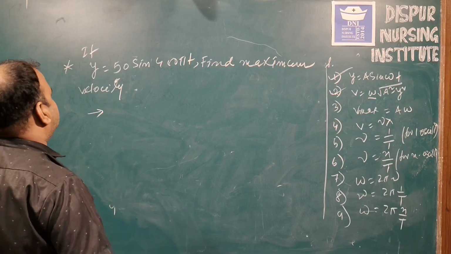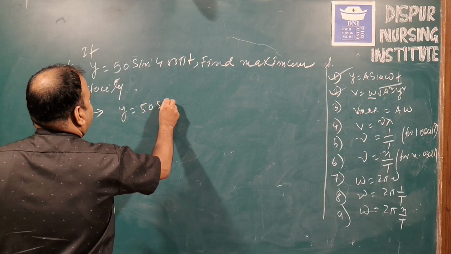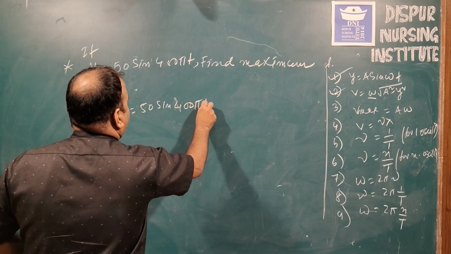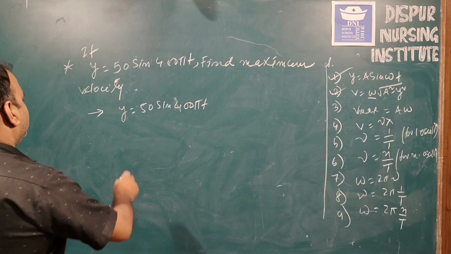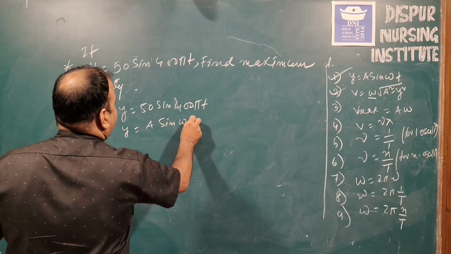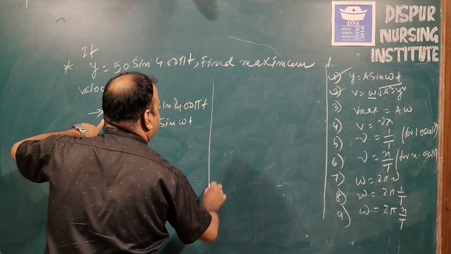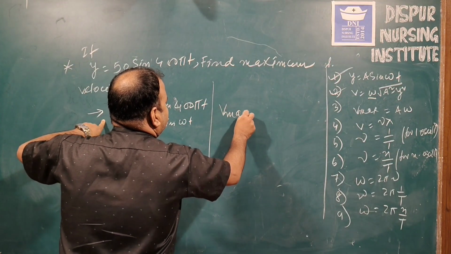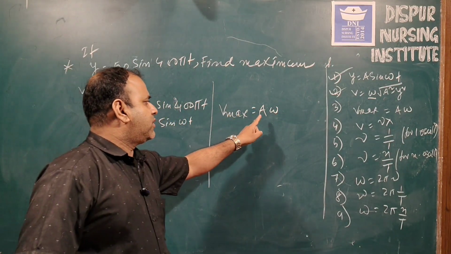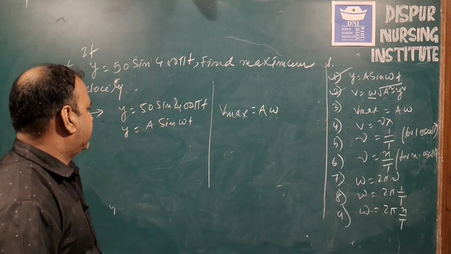Now in this case, y is equal to 50 sine 400 pi t. The normal equation you already know: y is equal to a sine omega t. So if we compare, we have to calculate the maximum velocity, that means v max is equal to A omega. So we need two variables. We need to calculate the value of amplitude and the value of angular frequency.